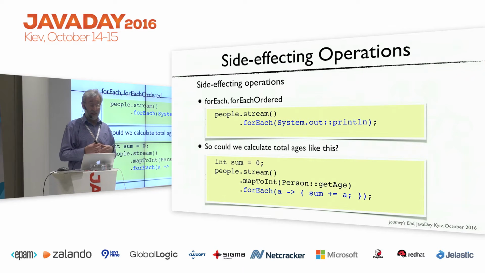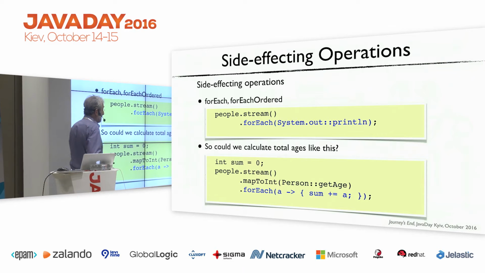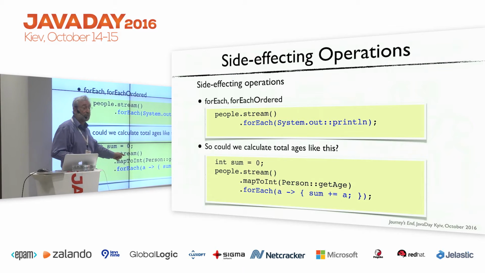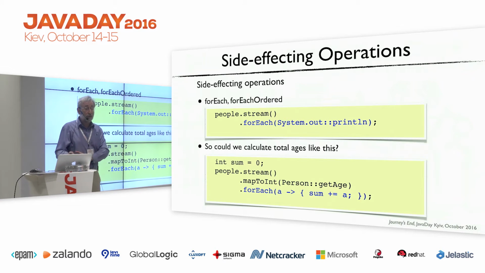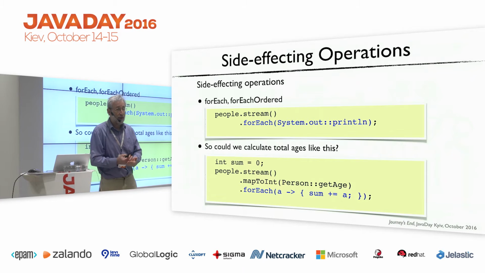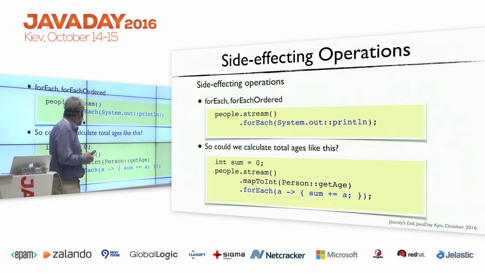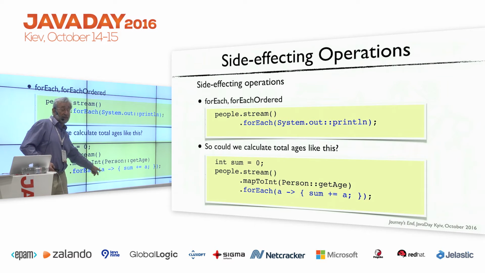It's a bad idea because, in principle, and perhaps in practice, you might want to run this in parallel. So if you make this into a parallel stream, I'm not going to talk much about parallel streams today, but they underlie everything in the Stream API. If this was a parallel stream, then this wouldn't be thread safe.